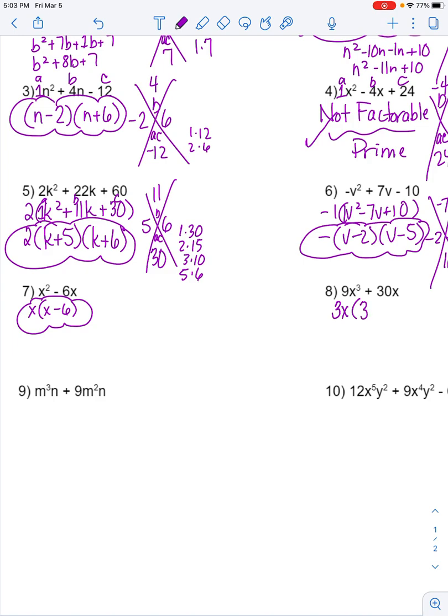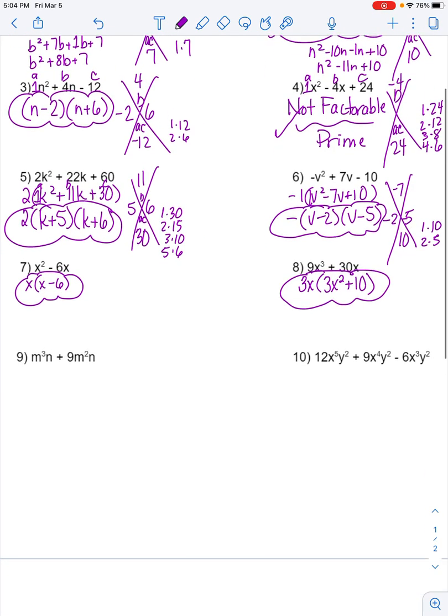So 9 divided by 3 is 3. X cubed, if I factor out one of the x's, I'm left with 2 x's, or x squared. 30 divided by 3 is 10. And I have an x, but I factor one out, so there are no x's left there. So this is now completely factored.